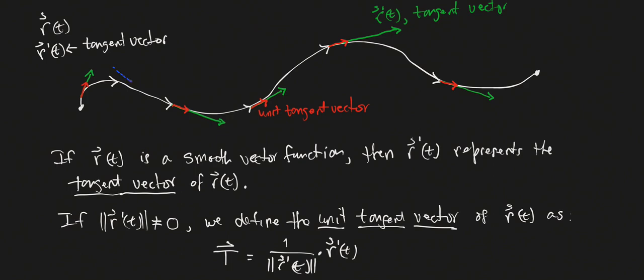I'll do this as a blue dotted line. If I extend my either red or green vector, it doesn't matter, indefinitely in either direction, then I will now have a line that is tangent to my curve, right? And we call this the tangent line.